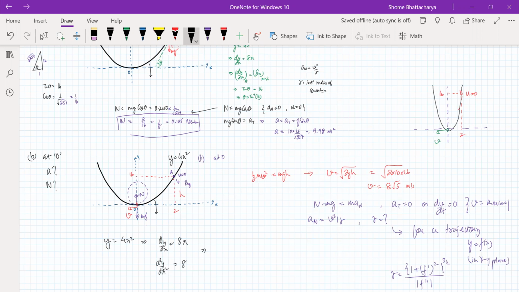So instantaneous radius of curvature at any point becomes this expression. The instantaneous radius of curvature at 0 becomes the value of this expression at x equal to 0, y equal to 0, which is 1 by 8. That is the instantaneous radius of curvature at the origin.